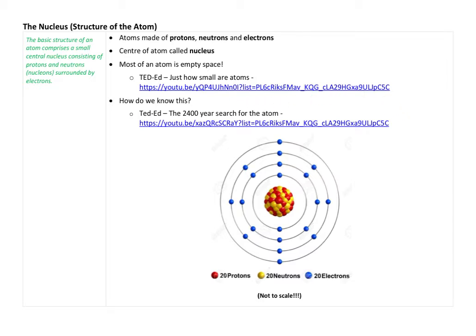Up on Teams, I'd direct you to watch these two videos before you watch the flip lesson. Hopefully you've already watched those, and hopefully, from your previous years, this idea of what an atom is made of and what it looks like is not a new picture. So let's move on to learn a little more about the structure of the atom.